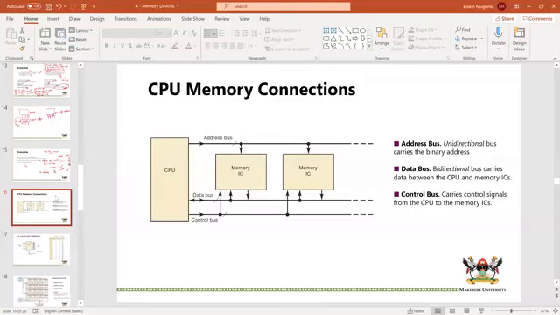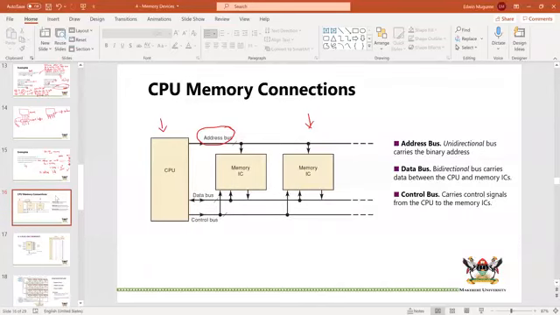So the memory connections are important. We have a CPU here and we have our memory on that side. We need a bus that takes addresses, and that is the address bus. Only the CPU sends address information to the memory. If the CPU wants information from a certain register, it has got to supply the address of the register.